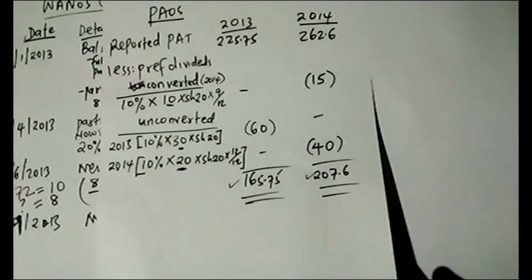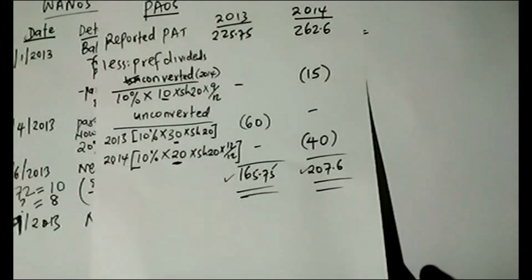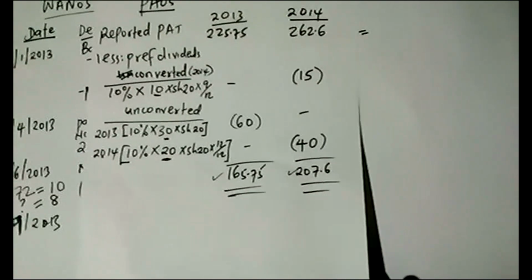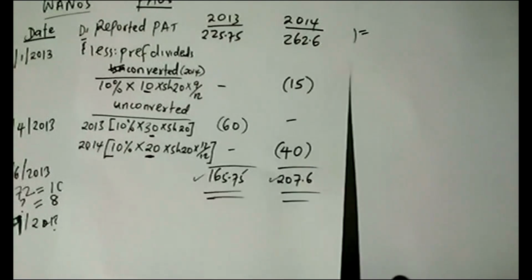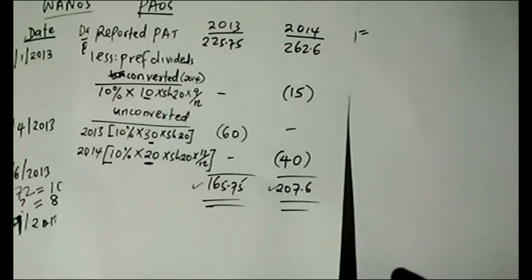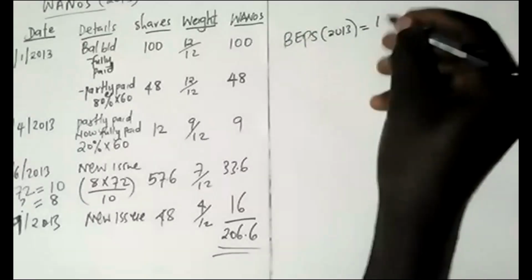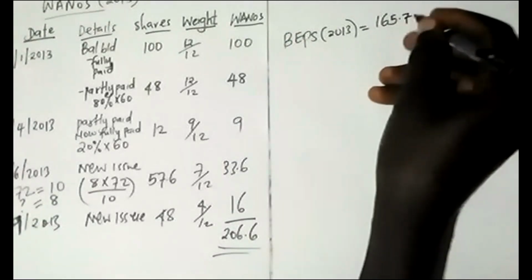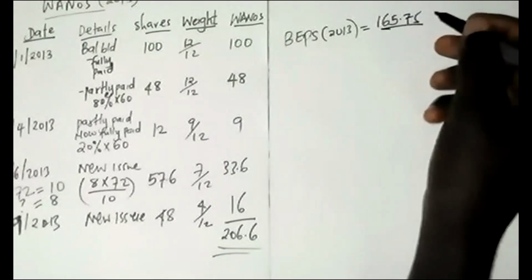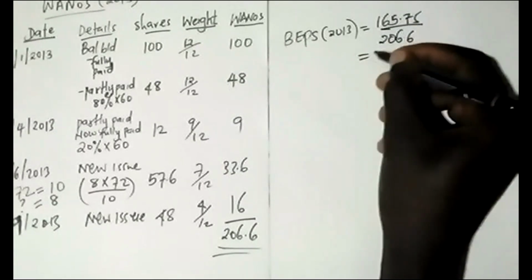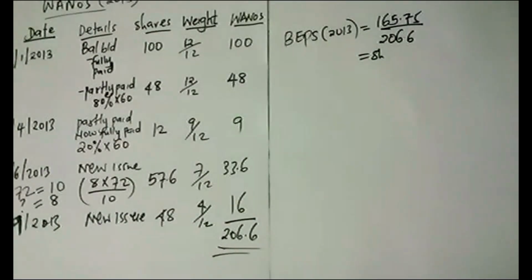So we got 165.75, that is for 2013. You divide 165.75 with 206.6. So that is shillings per share.